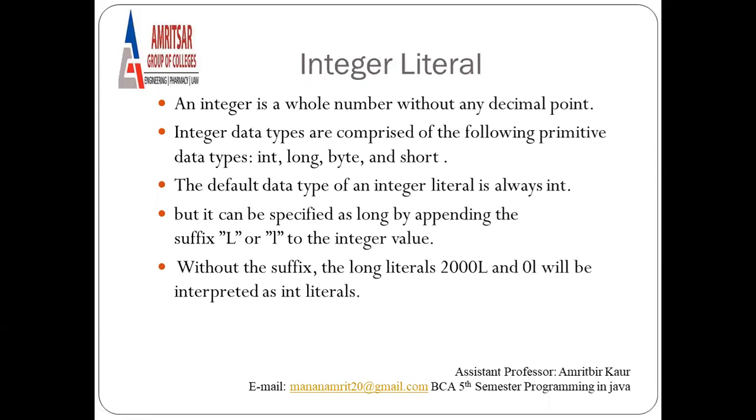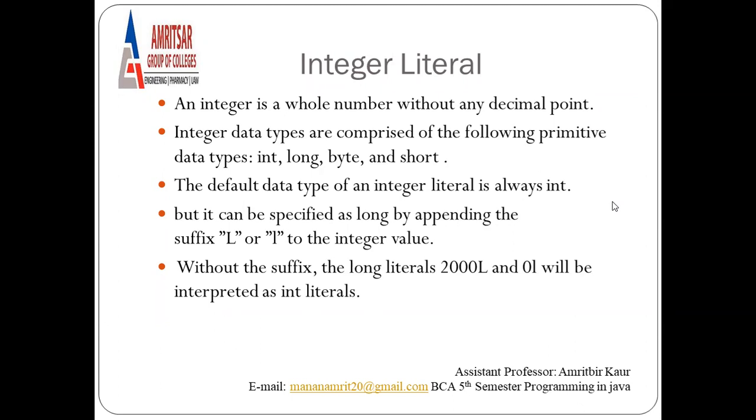Firstly, integer literals. An integer is a whole number without any decimal. So an integer literal is a whole number without any decimal. For integer literals, we have four data types. If we want to define a literal and assign a value to a variable, there will be four types: int, long, byte, and short.